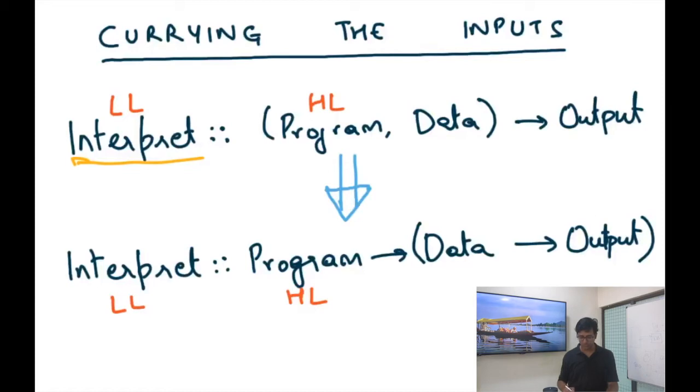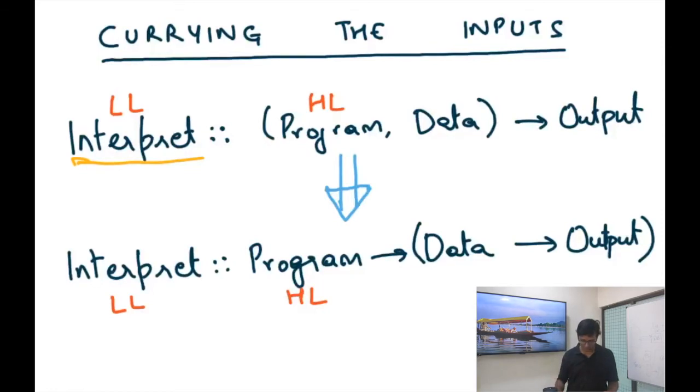We say first it takes program and returns a function that takes data and returns output, right? So this is also called currying the inputs of the function. So instead of taking both arguments at once, we kind of stage this and say, let's take the program first, and what the interpreter is going to do is it's going to return another function that would be able to take data and generate output.